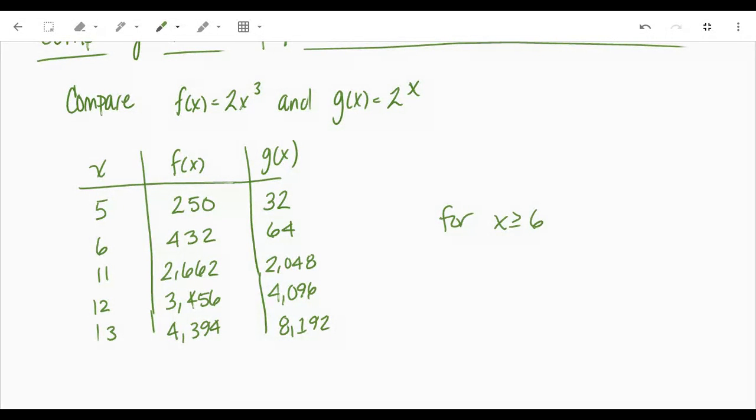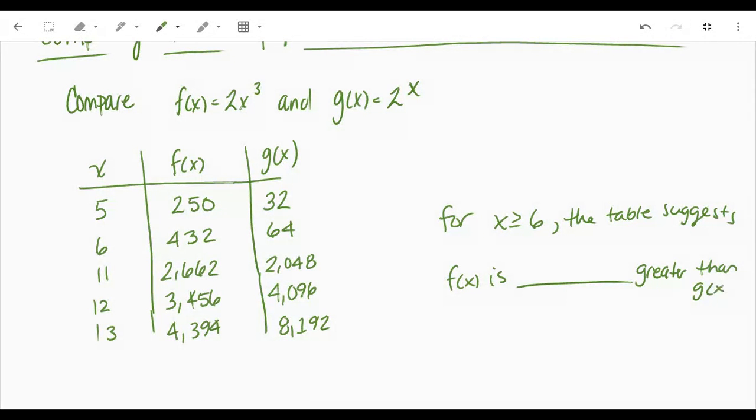The table suggests f of x is blank greater than g of x. And you fill in that blank with either, this is kind of weird how it's set up. Let me see. I feel like greater than should be the blank.